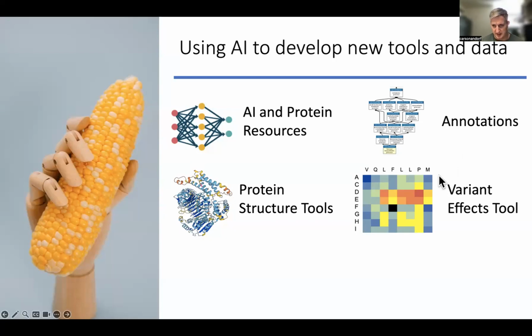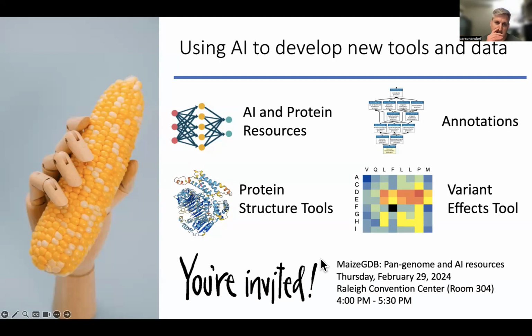And what I'm going to show today is a variant effect tool that predicts or scores how likely a variant effect is to impact the function of the protein, and how we integrate this WGS data set into it. So I'm just going to talk about this one specific thing. If you want to hear more about some of the AI tools, we are doing a workshop at the Maize meeting.